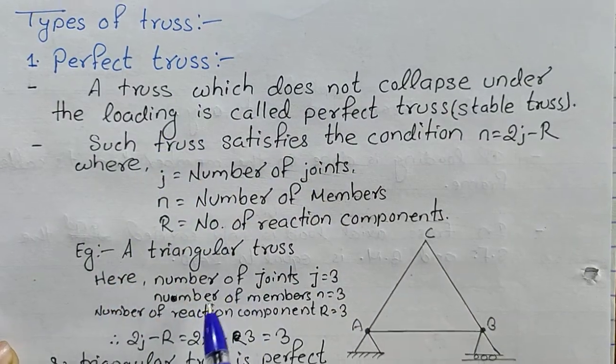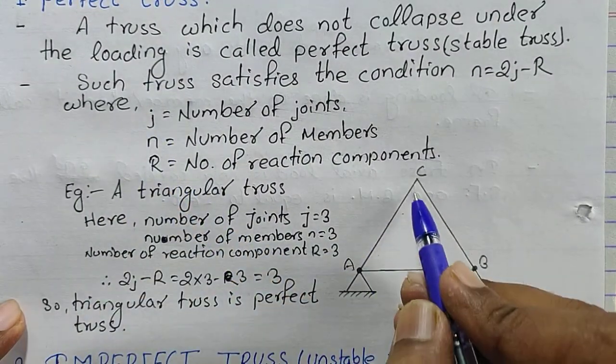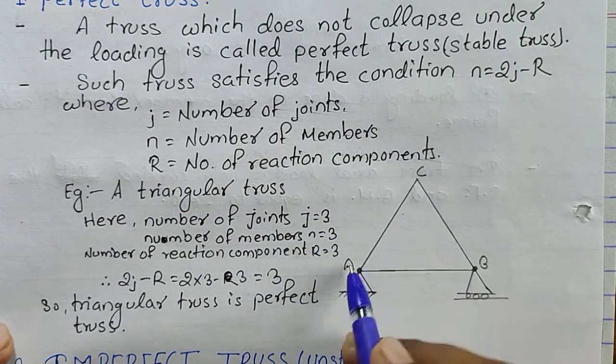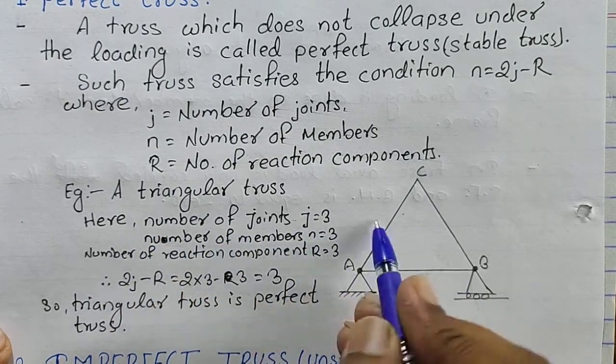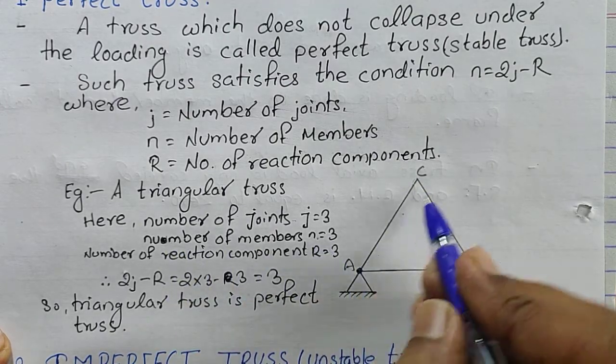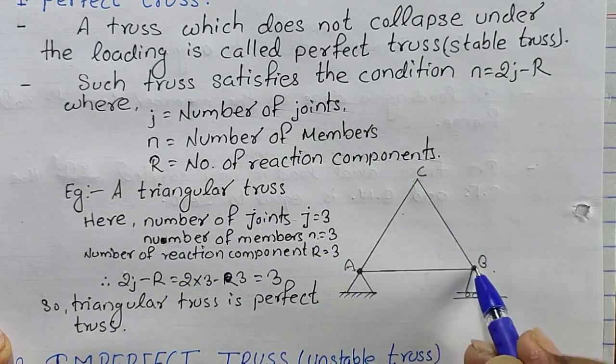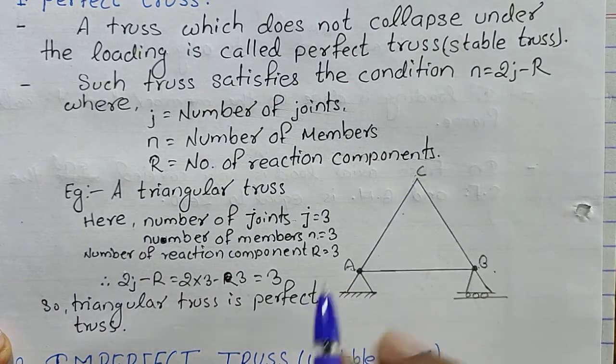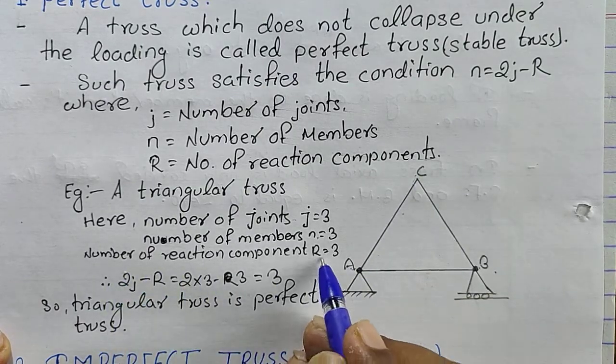It is because here, suppose I have selected a triangular truss, and here the number of joints j is 3, joints A, B, C, and the number of members n is equal to 3. Members means AB, BC and AC are the members, and the number of reaction components we already know.